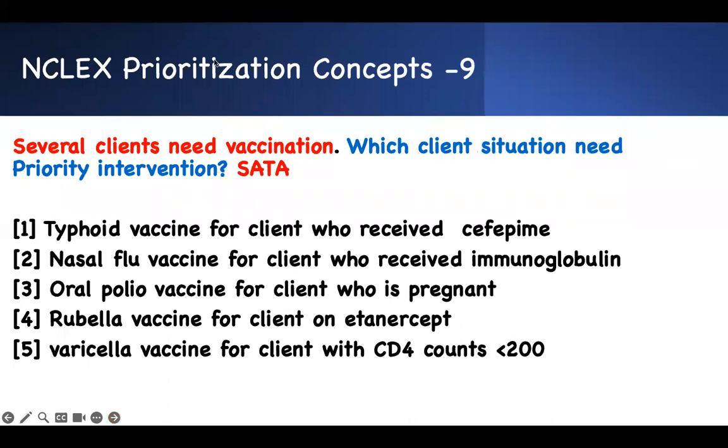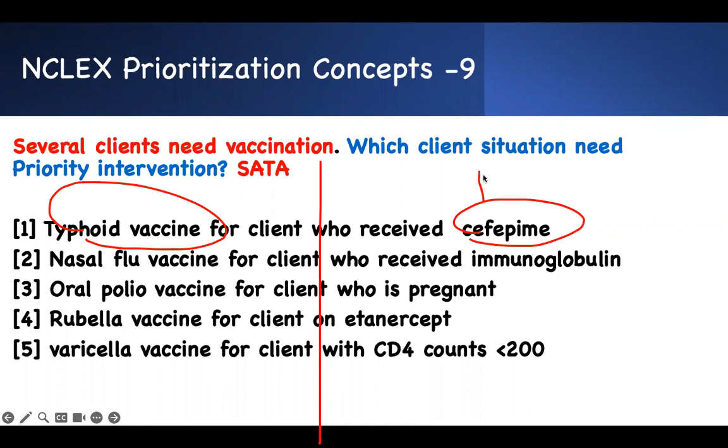Number 9, key concept. As I say, divide it into 2. Several clients need vaccination. Which clients need priority intervention? Whenever you see this vaccination issue, think about immunocompromised states and contraindication. That's all. So you're giving somebody typhoid vaccine for clients who receive cefepime.